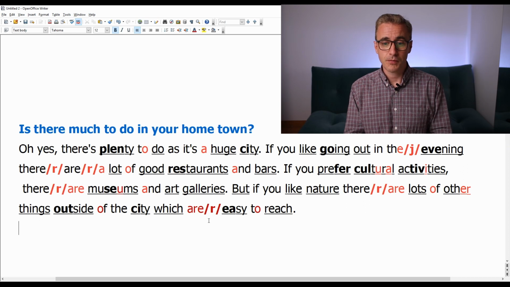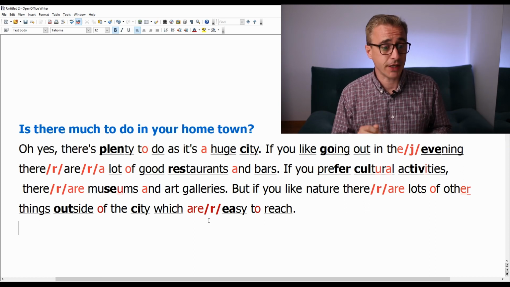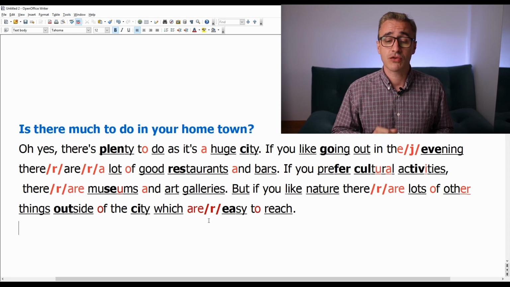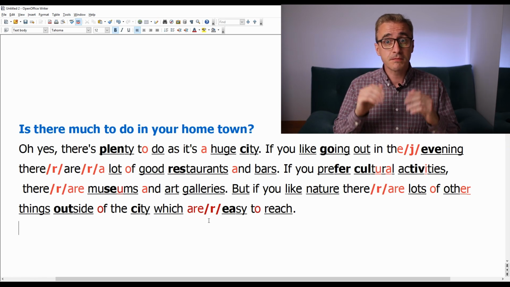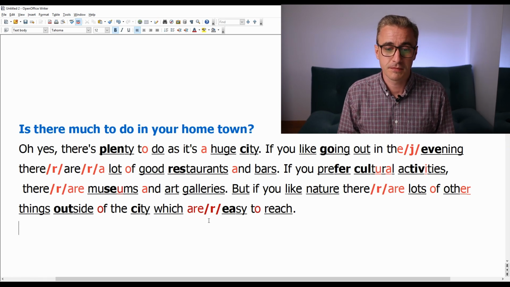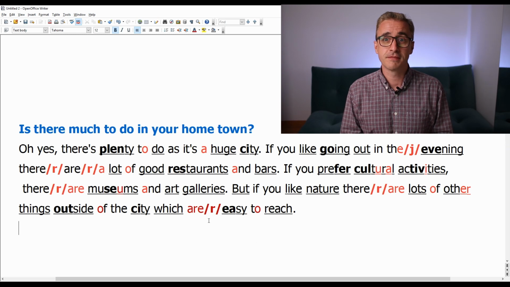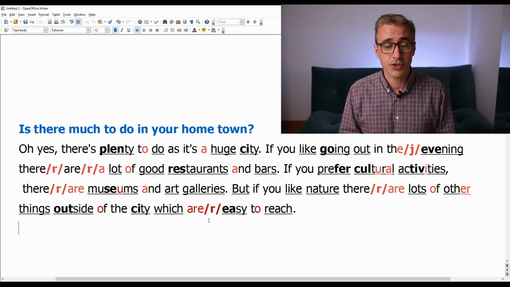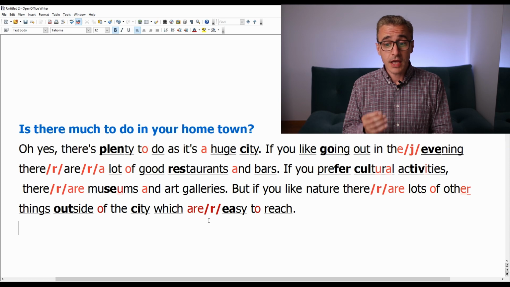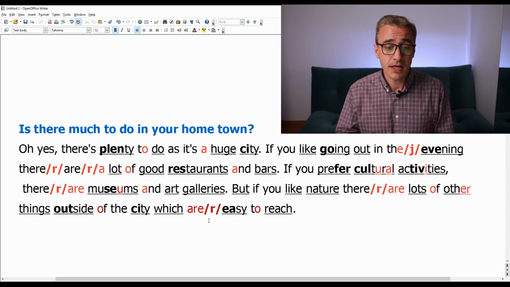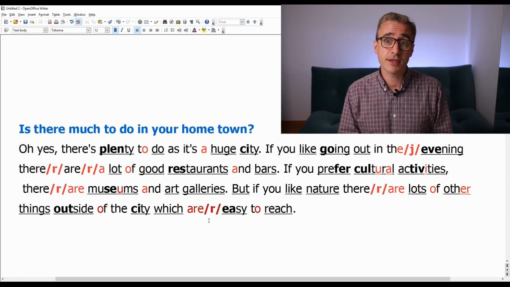Good. If you like going out in the evening, there are a lot of good restaurants and bars. Very good. If you prefer cultural activities, there are museums and art galleries.